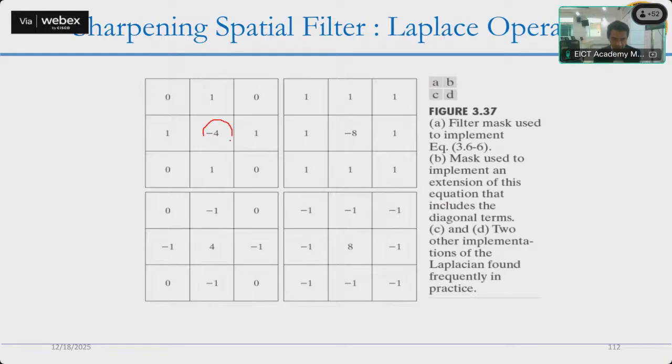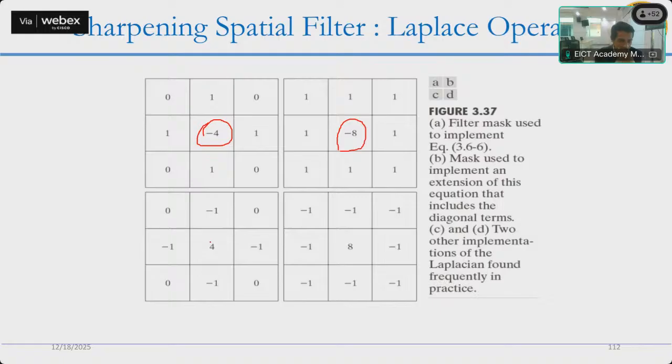Here the value is minus 4 and here 1 is there. In the same way, if you want to take the effect of the other neighborhood also, then you take -8 and 1 here.